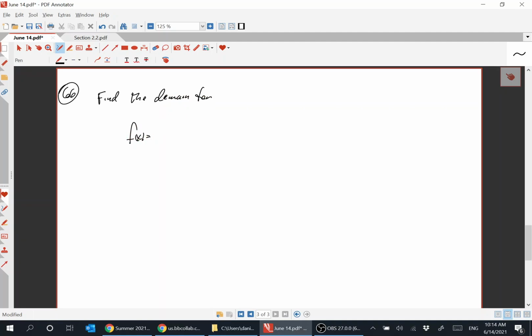Not f of x, it's g of x this time. G of x equal to the square root of x over 2x squared plus x minus 1.